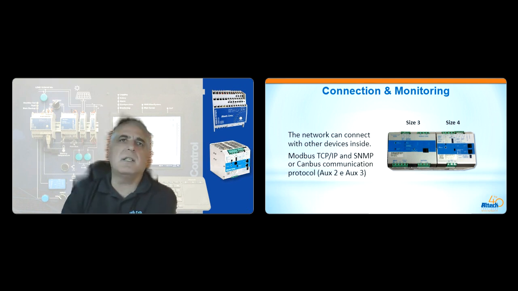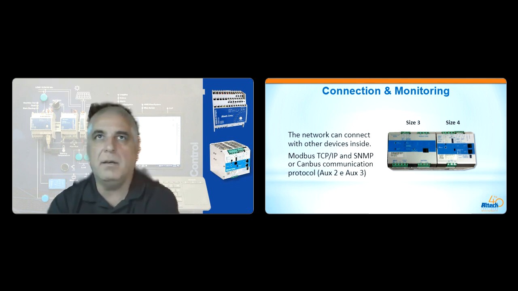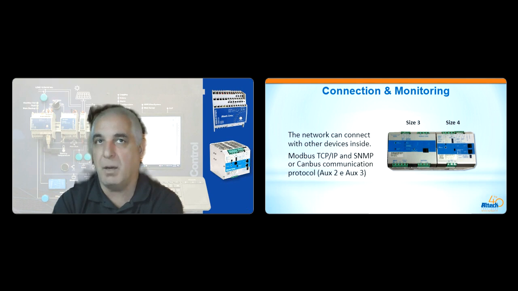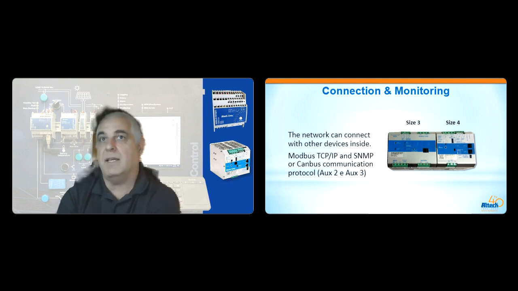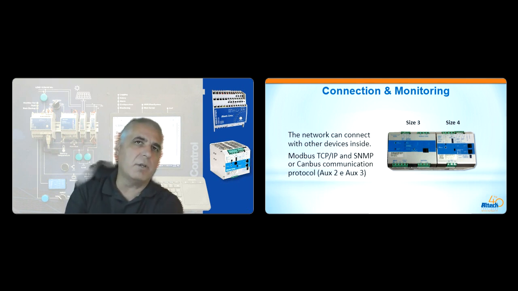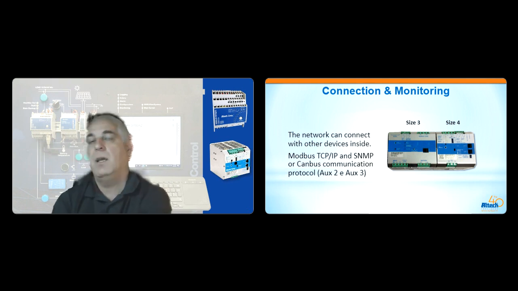So basically, this shows that we have a product that is network ready, can be connected to Modbus, many different types of Modbus, including TCP/IP, SNMP, CAN bus, and all that. So basically how this works, our DC UPS has a small web server built in.